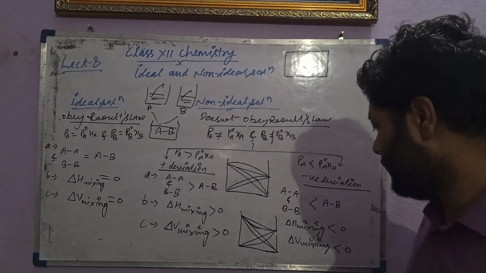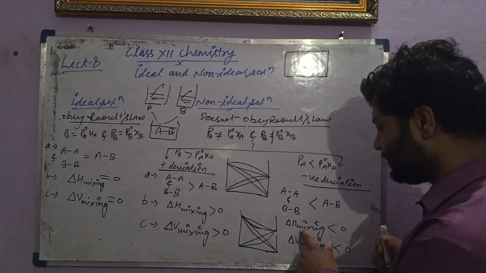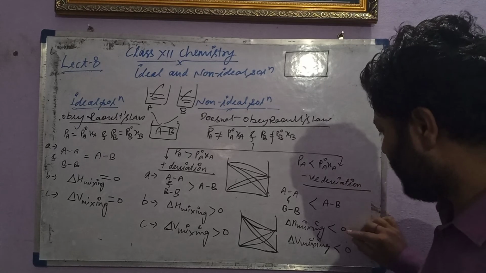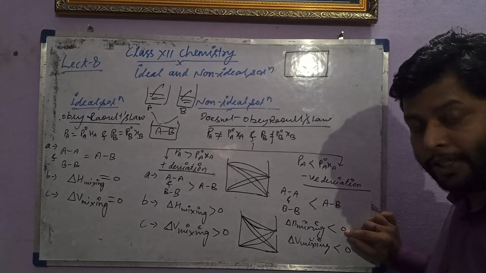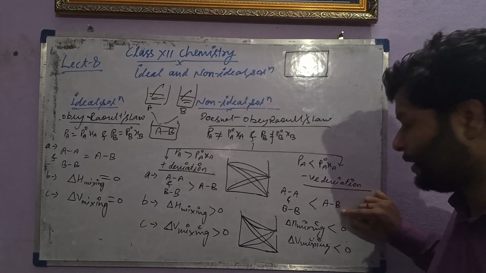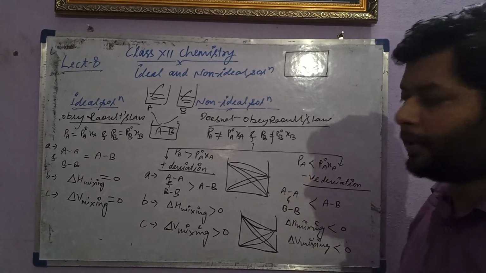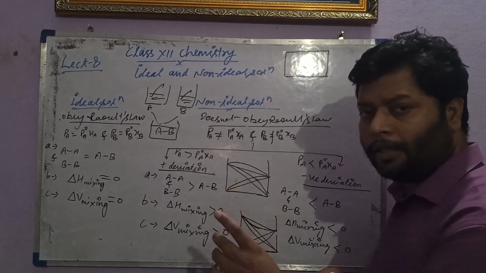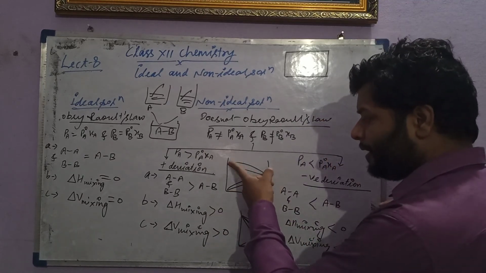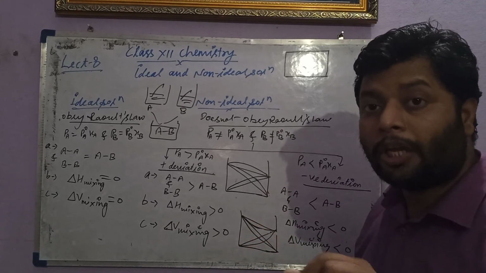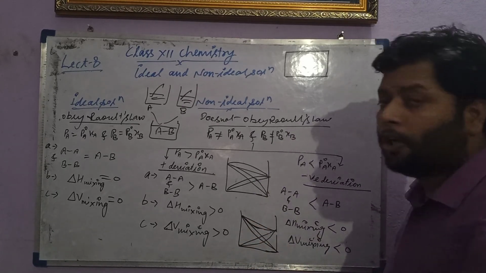Delta H mixing is lower than 0. So in negative deviation, delta H mixing is lower than 0, delta V mixing is also lower than 0, and the A-B force of attraction is greater than the individual force of attraction. We have to learn any one of them. The graph, relative to Raoult's law, is the upper curve for positive deviation and the lower curve for negative deviation.